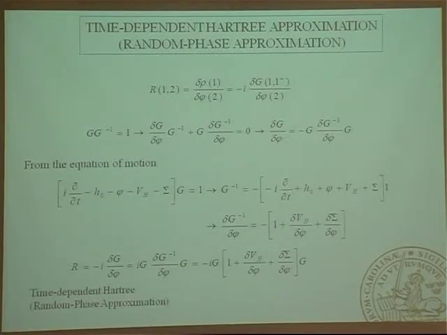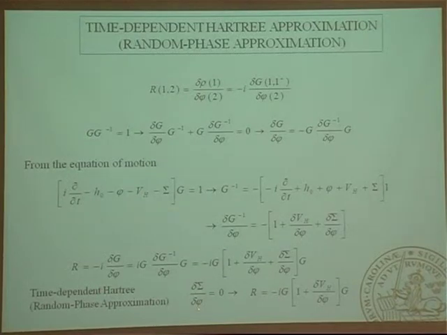Now in the Hartree approximation and in the random phase approximation, what we do is we neglect the variation of the self-energy with respect to the field. That is why sometimes we call the random phase approximation the time-dependent Hartree, because we only consider the change in the Hartree potential when we look at the response function here.